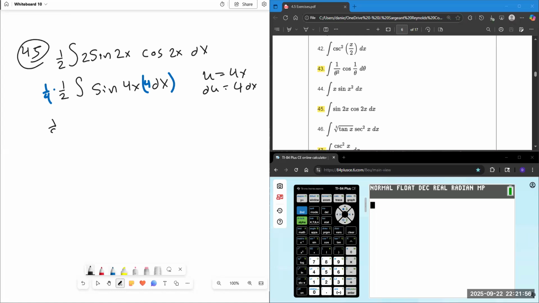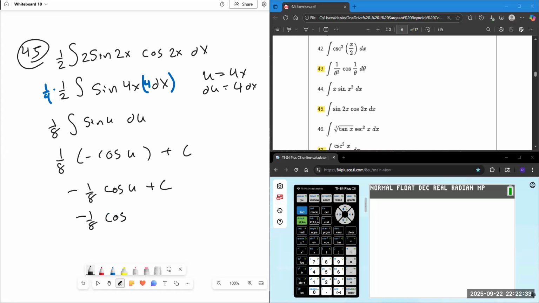We can have 1/8 times a negative cosine of 4x plus c. I didn't do my u substitution. 1/8 integral of sine u du is 1/8 of negative cosine of u plus c, which is negative 1/8 cosine of 4x plus c.